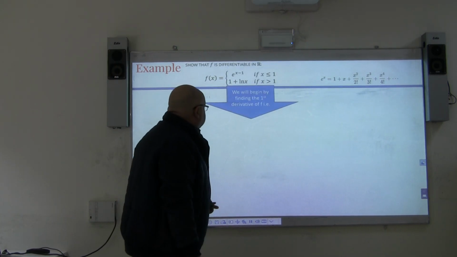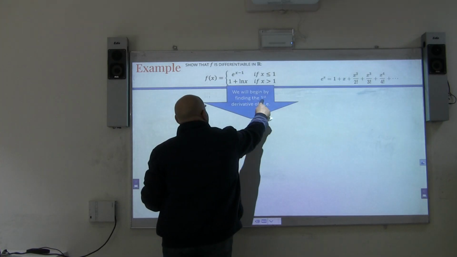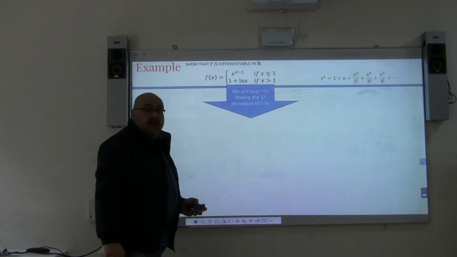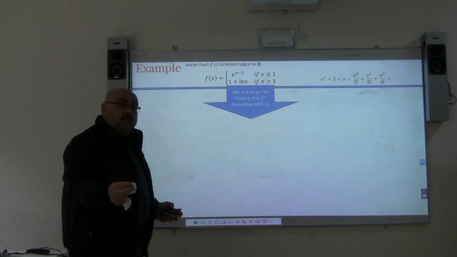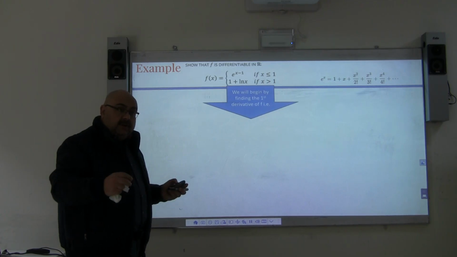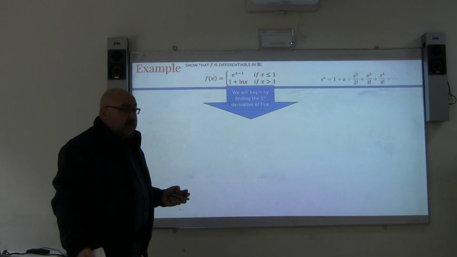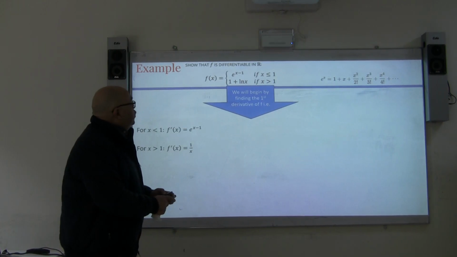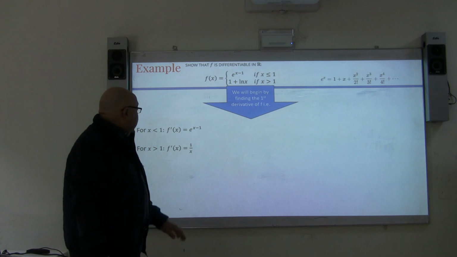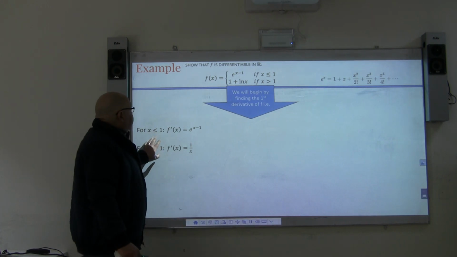So we will begin by finding the first derivative of f in order to use it to write the equation of the tangent line, as you saw. So the first step is to get the derivative.